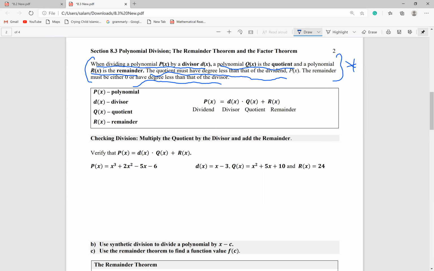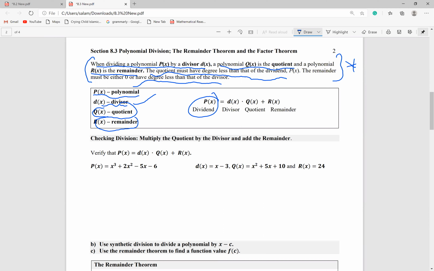But there's another fact here. Our p of x, which is our polynomial, is our dividend, and d of x is our divisor. Then our q of x, which is our quotient, and our r of x, our remainder, are all polynomials.